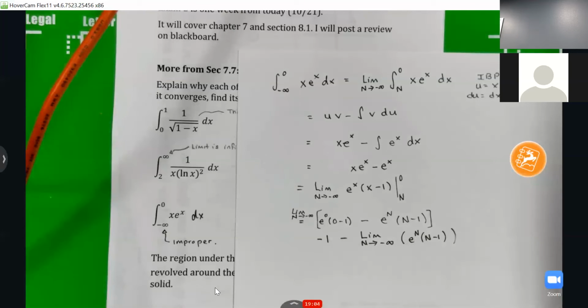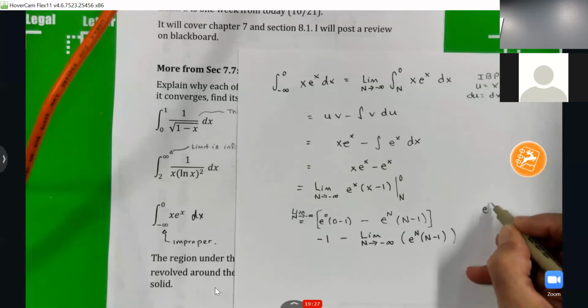What do you think of that second limit? I'll have an e to the minus infinity times minus infinity minus 1. So essentially it's e to the minus infinity times something that's also minus infinity. What happens to e to the minus infinity?